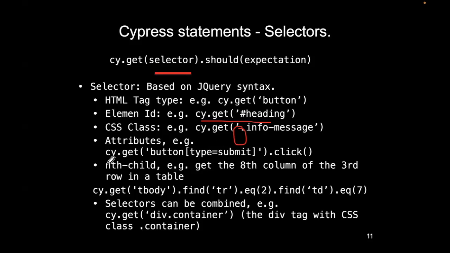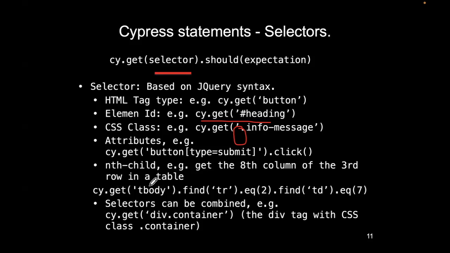There's also the nth child selector. How does that work? Well, strictly speaking, I suppose it's not a selector, but just the example, maybe supposing you've got a table on the current web page and you want to pick out a particular cell, and the cell can be specified in terms of what row and what column that cell appears in. And so that's what I'm doing here.